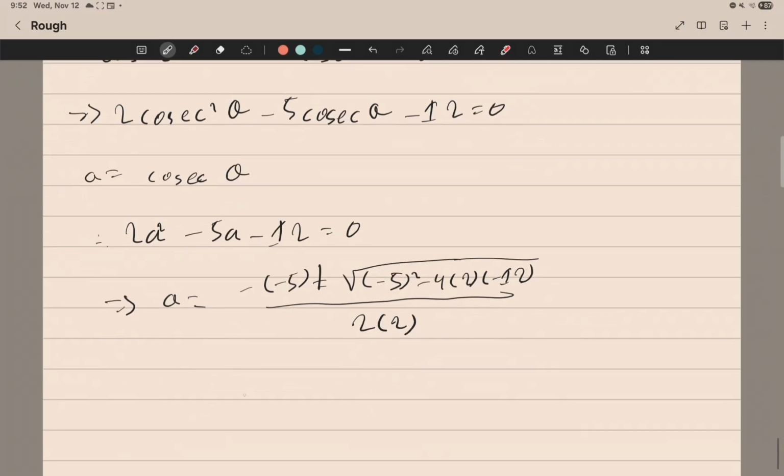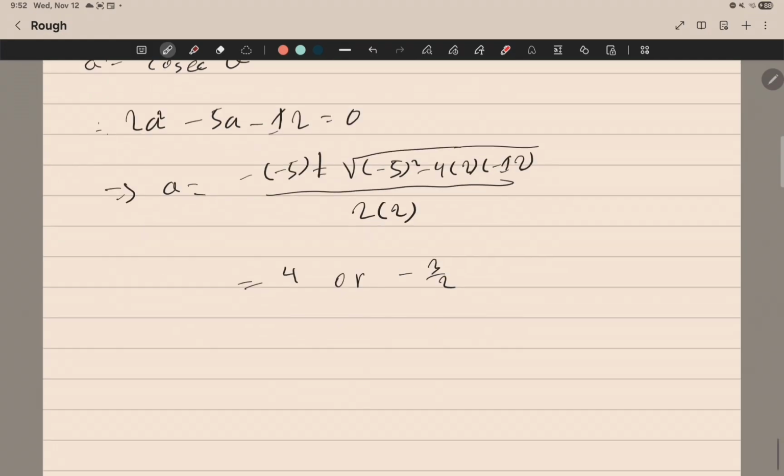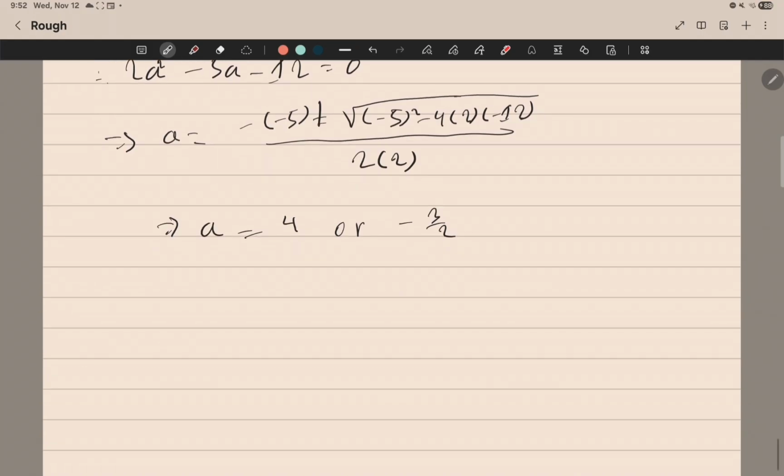Yeah, so one value is 4, another value is negative 3 by 2. I'm not sure if it will be 'and' or 'or', but I guess either works. They won't cut marks if you write 'or'.